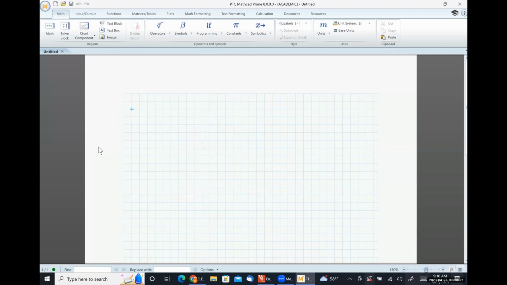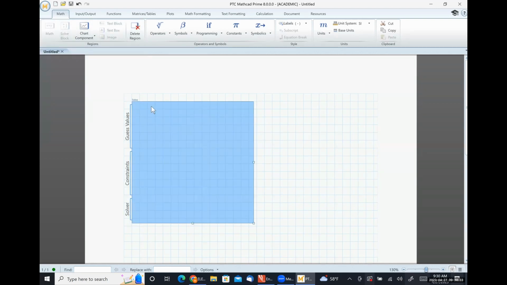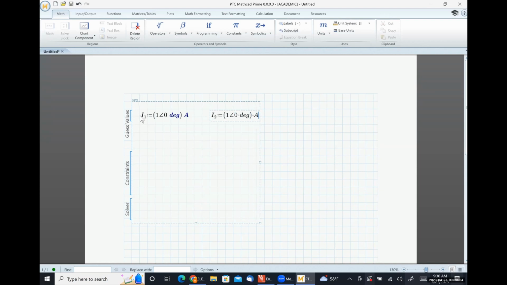All right, so I'm going to use a solve block. I'm going to define I1 as 1 angle 0 degrees amps, and I2 as 1 angle 0 degrees amps. And now I'm just going to put in my equations, right?